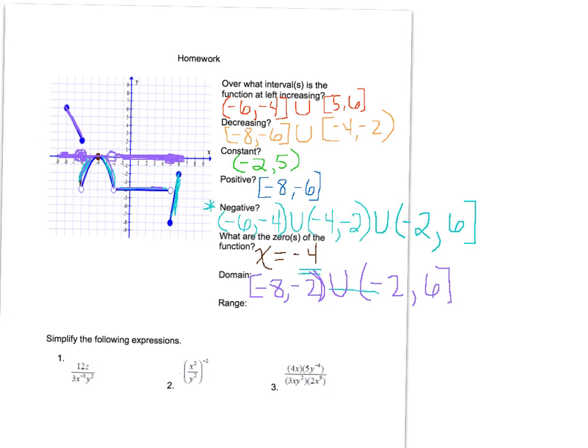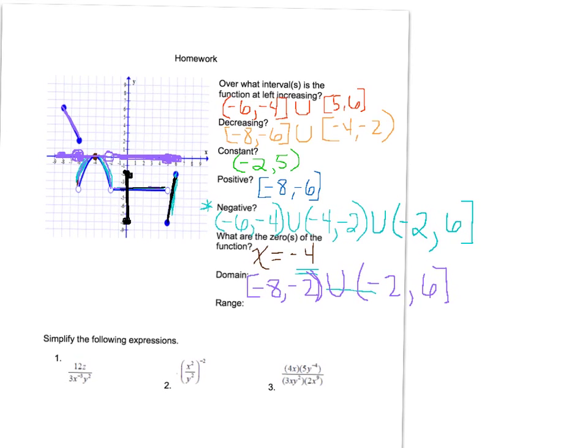And I'm going to start with the piece that is lowest on the graph, and that's this piece here. So I'm going to transfer my -8 over. I'm going to transfer my -2 over. Everything's connected in between, so I'll color this in. The next highest piece, I can consider this middle one. That's already colored in, so I can kind of ignore that.